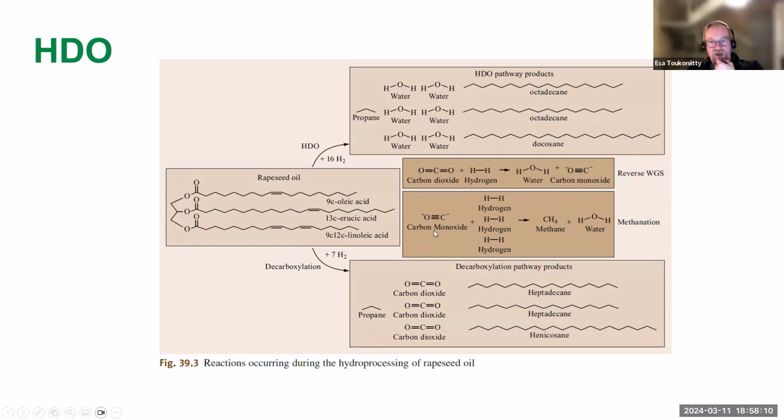Carbon monoxide and hydrogen can also produce methane and water. But we come back to this a little bit later when we talk about HVOs, hydrotreated vegetable oils.